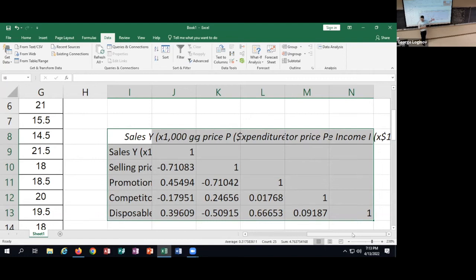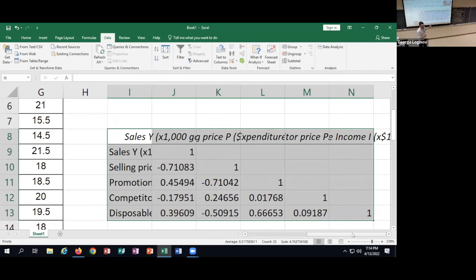Let me look at an extreme example. Suppose that your competitors in every region match your price exactly. Your price and your competitor's price are exactly the same number. The correlation between the two is then going to be 1, which means that your competitor's price, when included as an additional explanatory variable, carries 0 additional information.